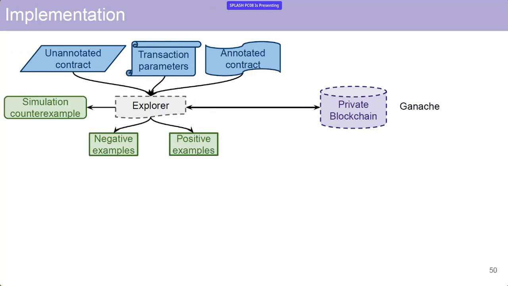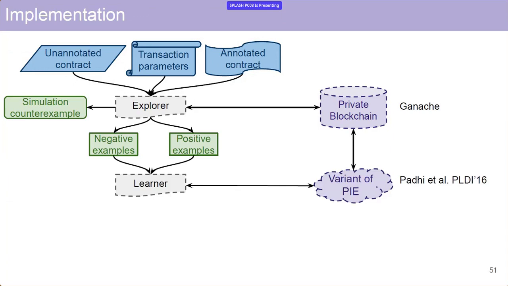If there is no simulation relation, if it found a counterexample, it returns a simulation counterexample. We then use the negative and positive examples in a learner that is an extension of PIE, which is short for precondition inference engine, which was published at PLDI 2016, where we extended it with new grammars and adapted it to our case.